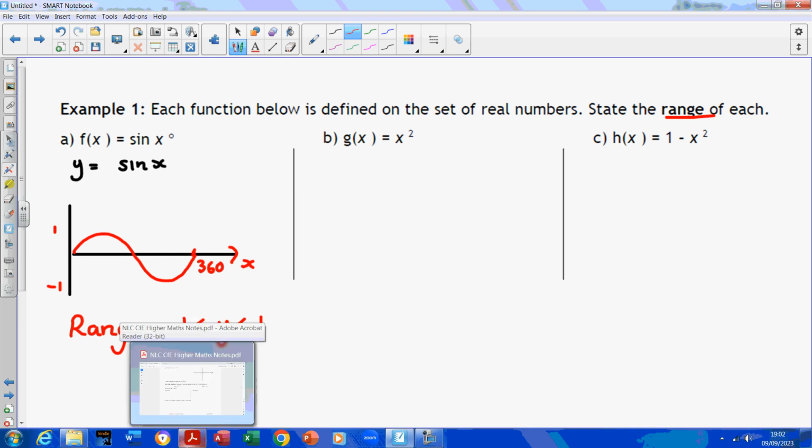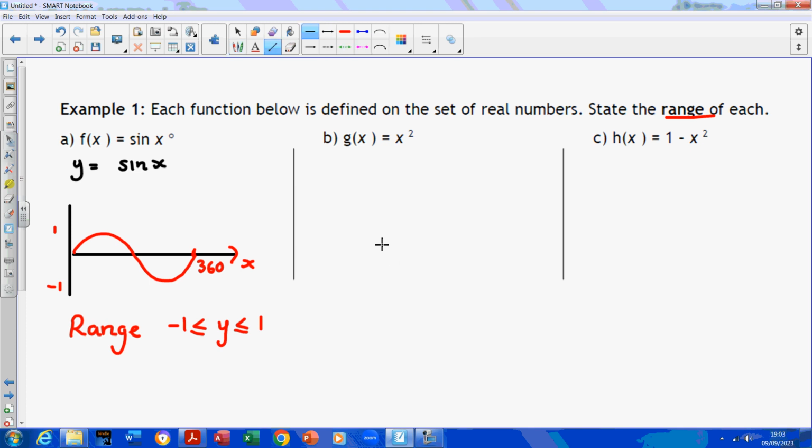So that's the range for the graph y is equal to sine x. Now the next one, I'm going to draw a wee sketch as well, because I think when you've got a sketch it's easier to see. So the graph of y is equal to x squared, and you want to learn what these graphs look like. So this graph here, if I draw that down, y equal to x squared.